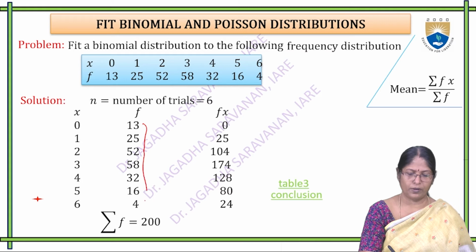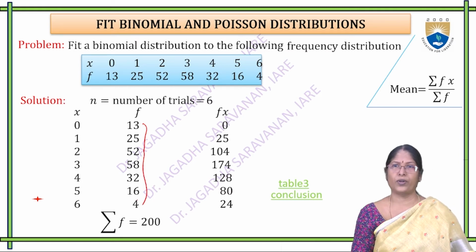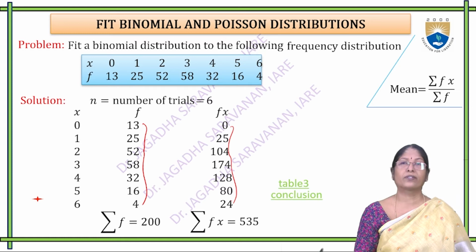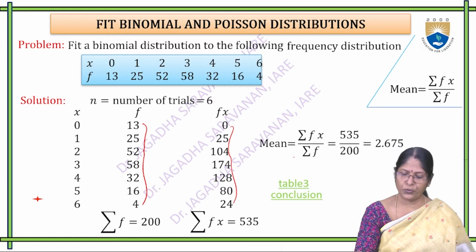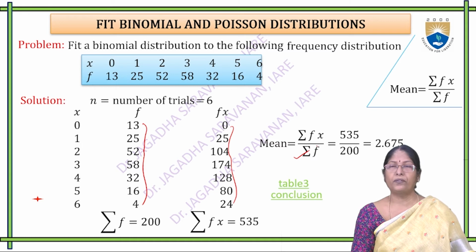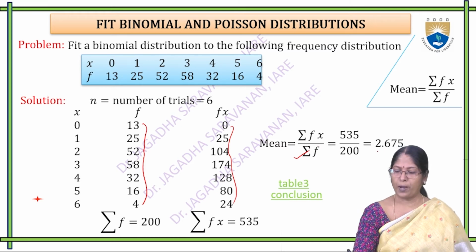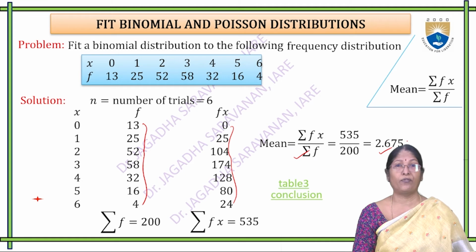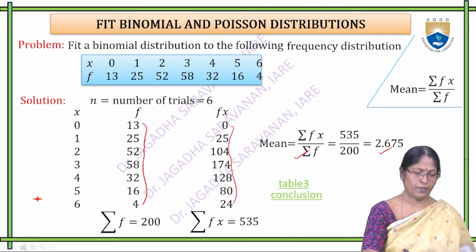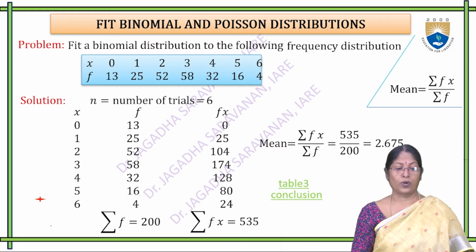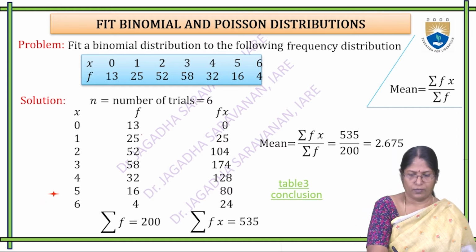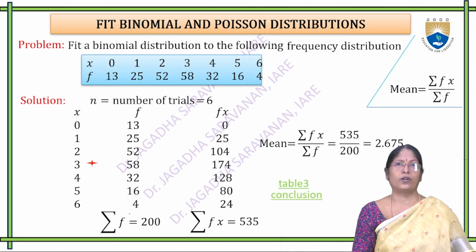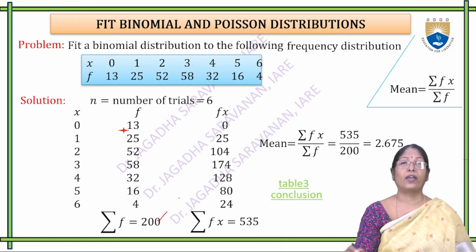So we added: summation f is 200, summation fx is 535. We substituted in the formula. So 535 divided by 200, we obtained 2.675. The star here represents the complete frequency of the data, and we obtained this 200.